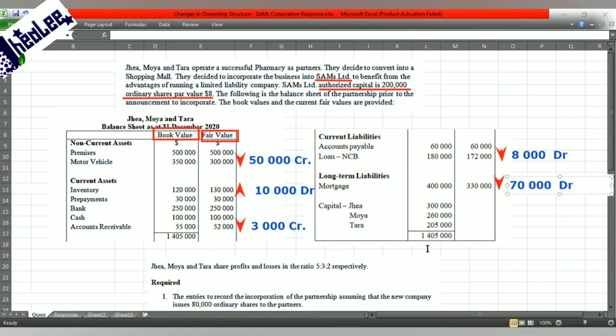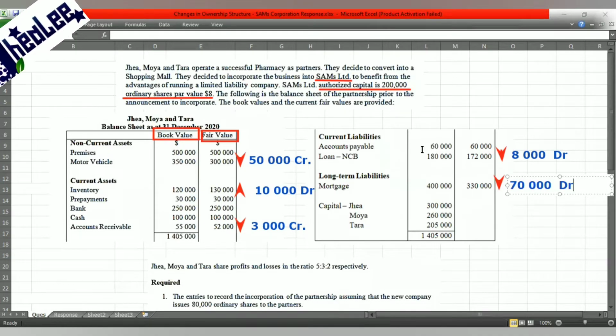So we have 5 items that have changed based on the fair value compared with the book value. We have 3 items to be debited and 2 items to be credited. We're going to use the general journal to aid in the conversion process.